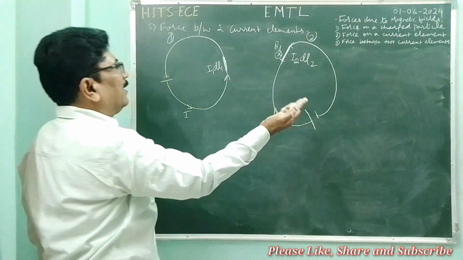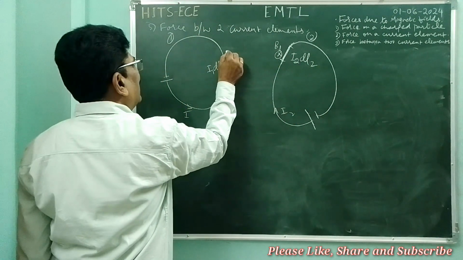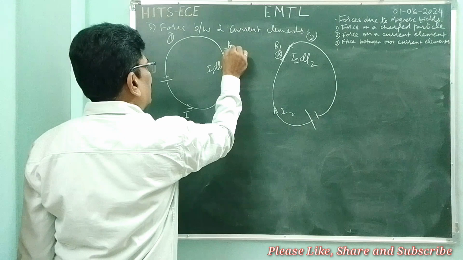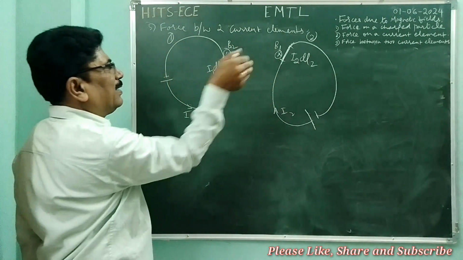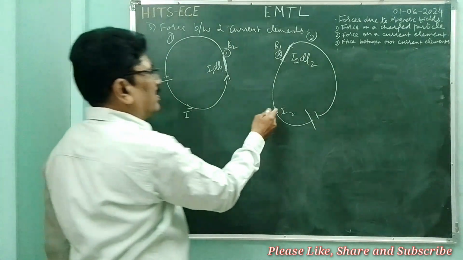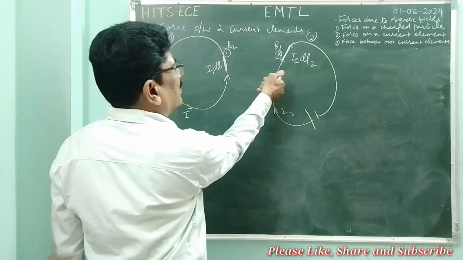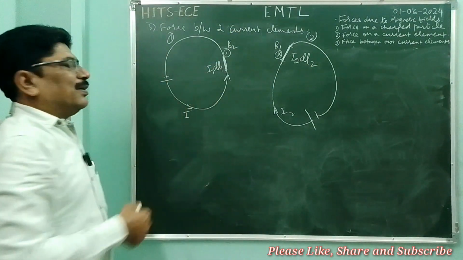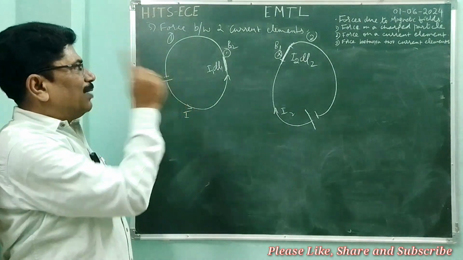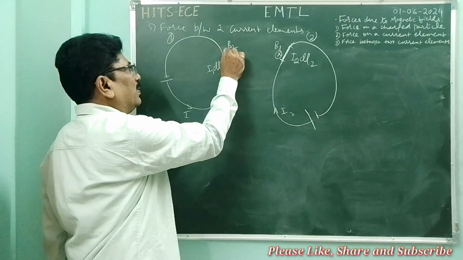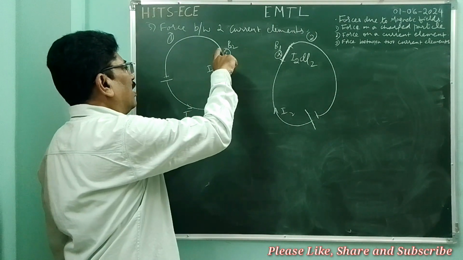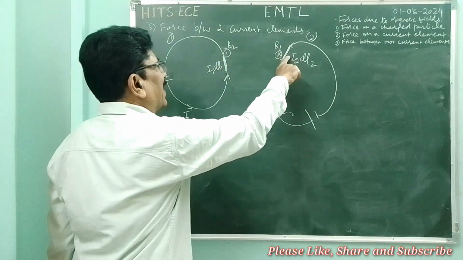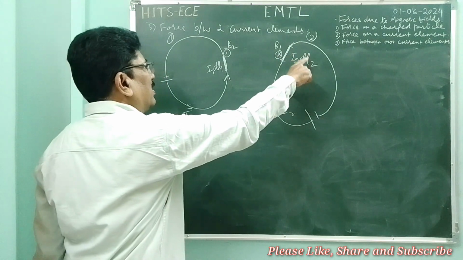Due to I2 dl2, the magnetic field here will be leaving the board. It is B2. So the curled fingers come out here. That circle dot shows the direction of the magnetic field coming out of the board, B2. Let us find out the force on this I1 dl1 due to the magnetic field because of I2 dl2.